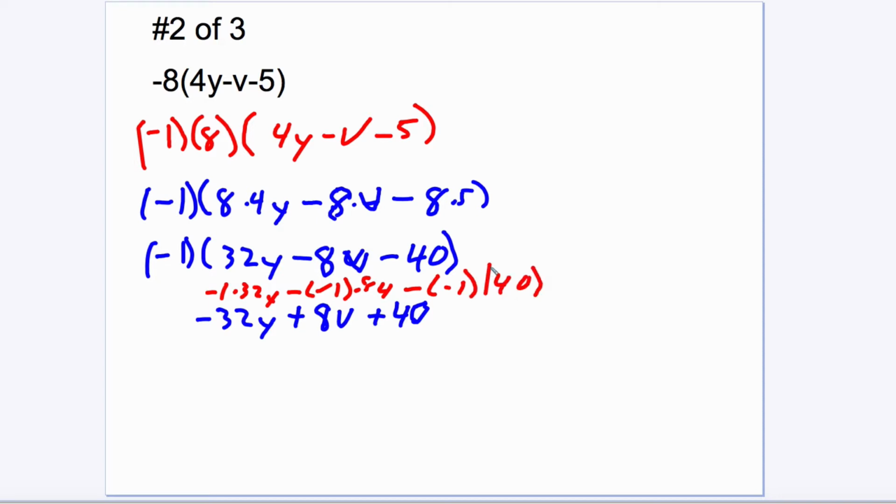My parentheses are off just a little bit here. And then negative times a negative. You might want to write it out the way I have it in red here, but if you get used to multiplying -1 like this, you don't need to write that step down. It can be more confusing to write more negative signs.